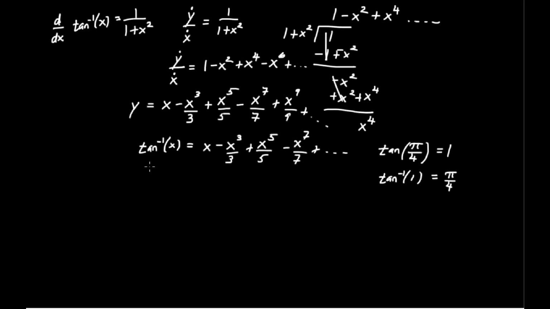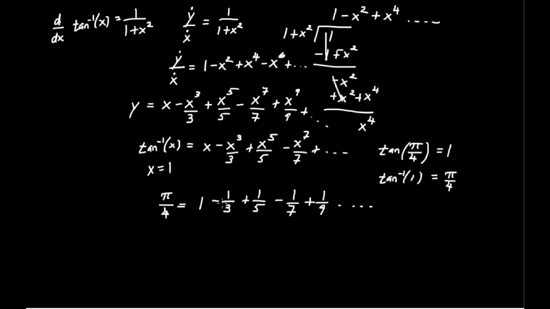And I'm going to plug in that special case that x is equal to 1, because we know that by plugging in 1, I'm going to get a series which should go to pi over 4. So I've just derived that pi over 4 is equal to, now it's just plugging in x equals 1, that's equal to 1 minus 1 third plus 1 over 5 minus 1 seventh plus a ninth, and so on.